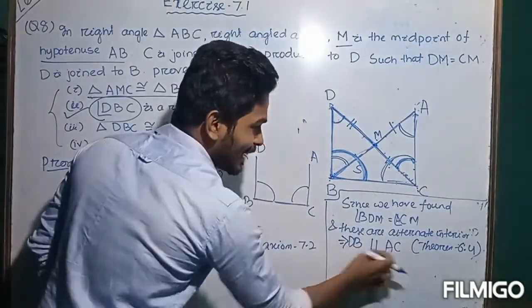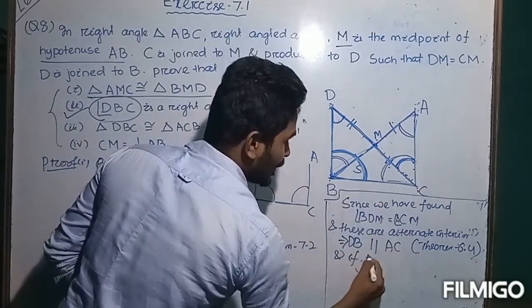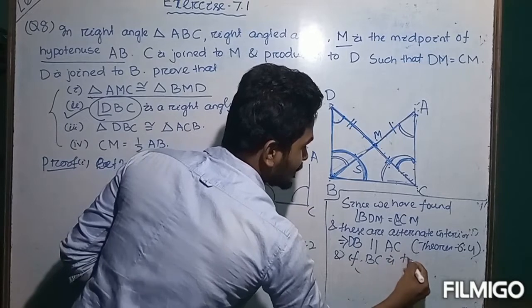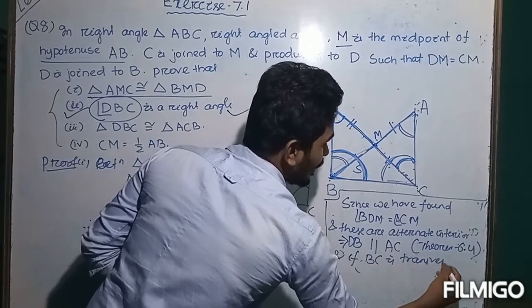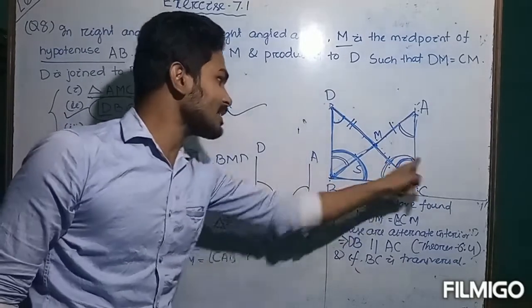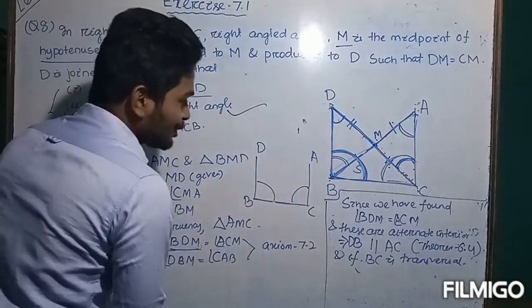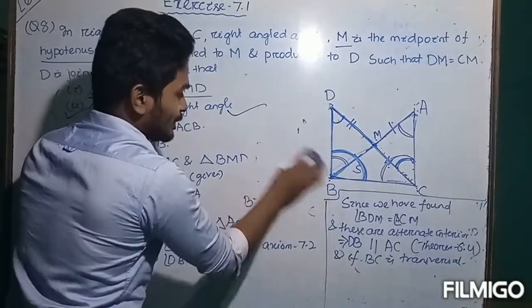So we have found DB parallel to AC, and if BC is transversal, then this angle and this angle are co-interior. Okay, so let us write this.